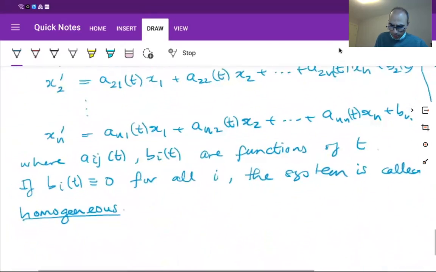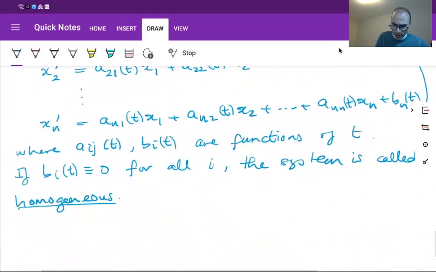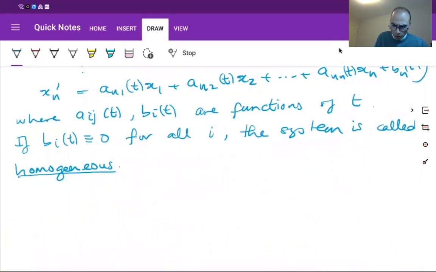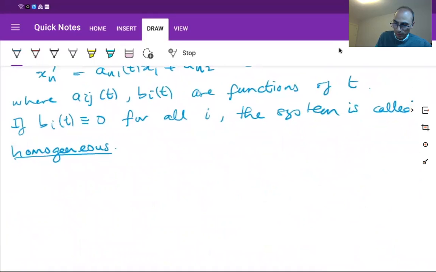As we might expect, there is a stronger existence and uniqueness theorem for systems of linear equations, and let's state that now.